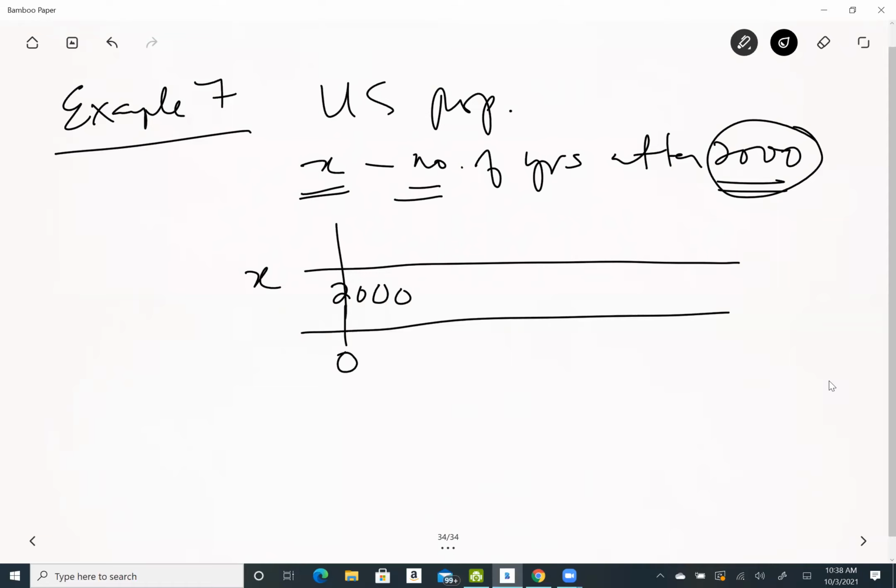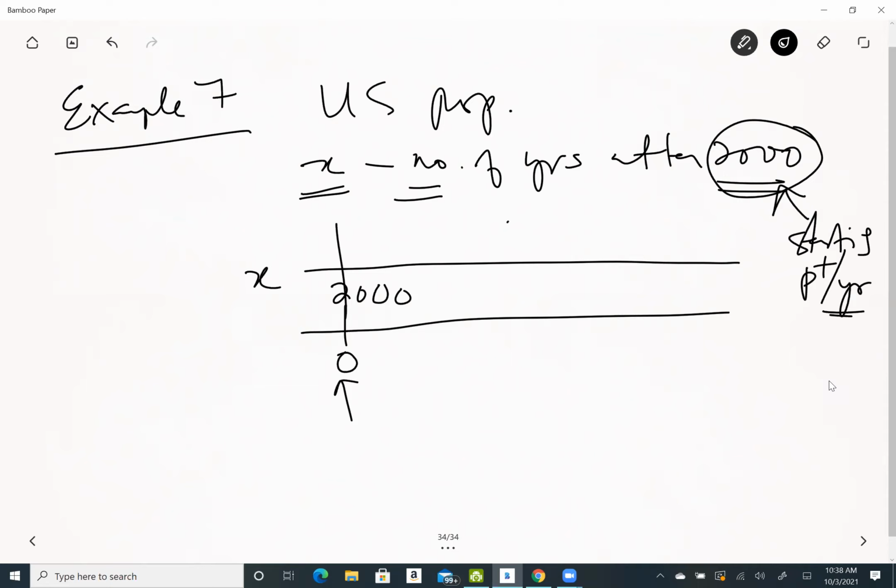So the starting period is equivalent to 0. So you don't put the year 2000, you put 0, and 0 is the year 2000.